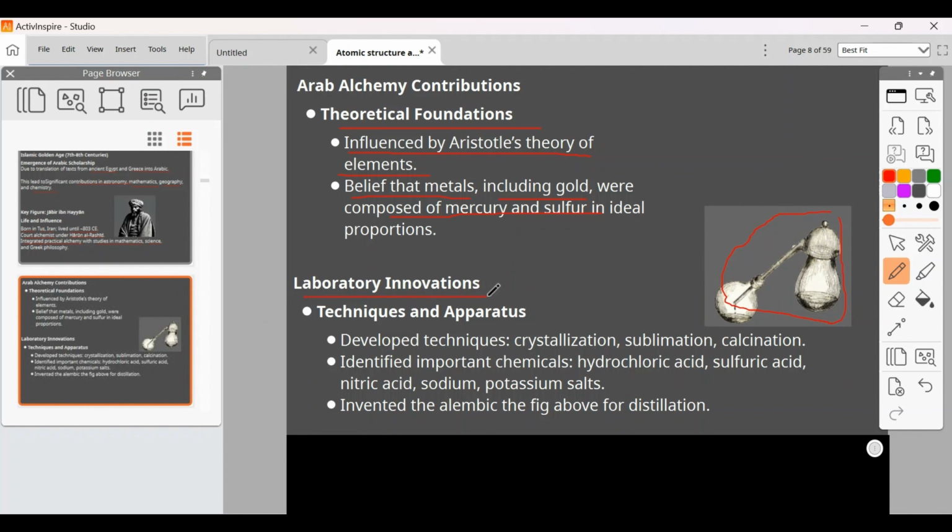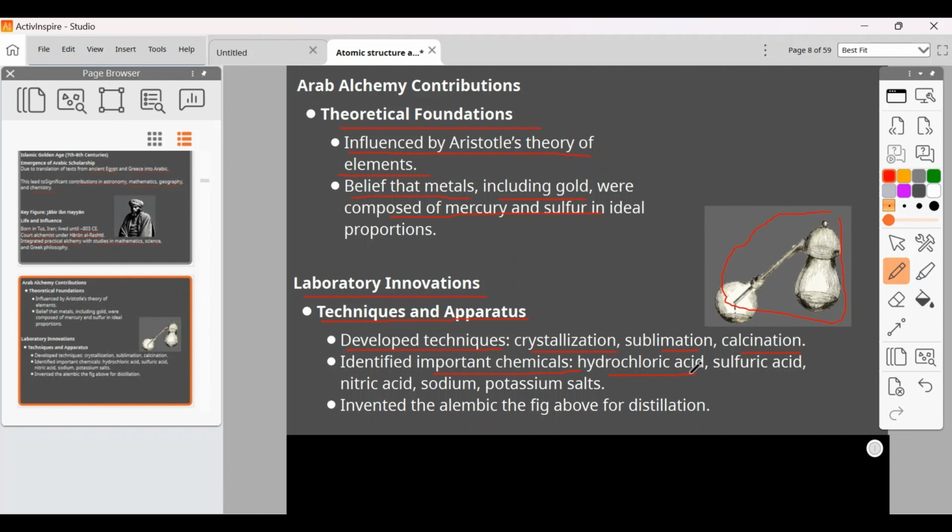So, laboratory innovation, the techniques and apparatus. They developed techniques like crystallization, sublimation, calcination, and they identified important chemicals like hydrochloric acid.